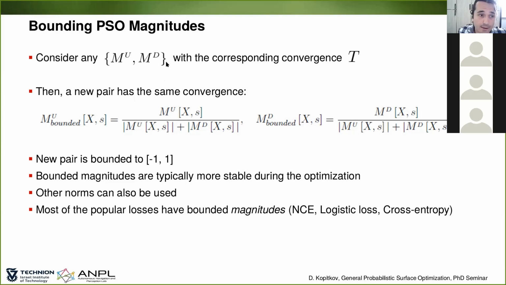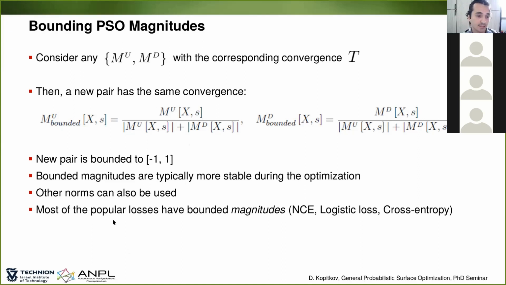And the PSO framework allows us to bound any two magnitude functions to learn any T. Consider specific magnitude functions which have some convergence described by function T. Now we can create two new bounded magnitude functions by these transformations here. From this construction, we can already see that the new functions are bounded between -1 and 1. Other norms can also be applied; here we basically use norm 1.